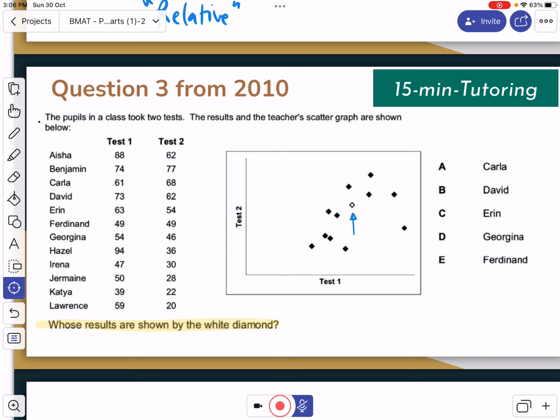If you look at it in terms of test number 1, this guy has the highest score. This guy is ranked number 2 in terms of test 1. 3, 4, and the white diamond is ranked number 5. 5th on test 1. And that is easy because we know all the data.